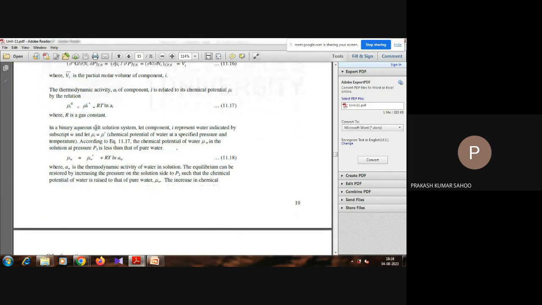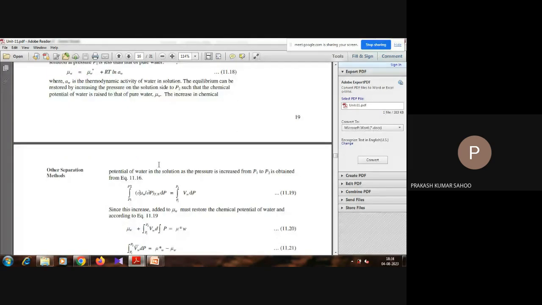Then again, this is another thermodynamic equation. Chemical potential at standard state equal to chemical potential at any state plus RT ln ai. ai is the coefficient, that is activity coefficient. Then it is again your mu W equal to mu W star plus RT ln a.